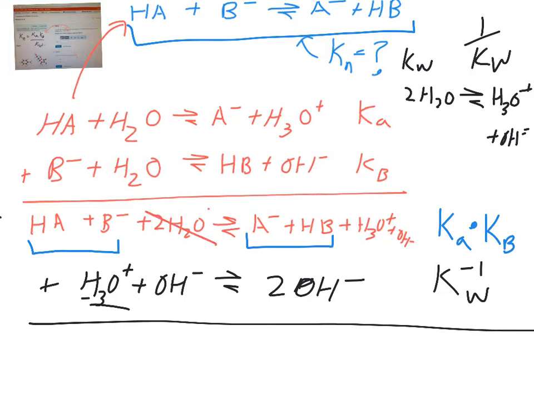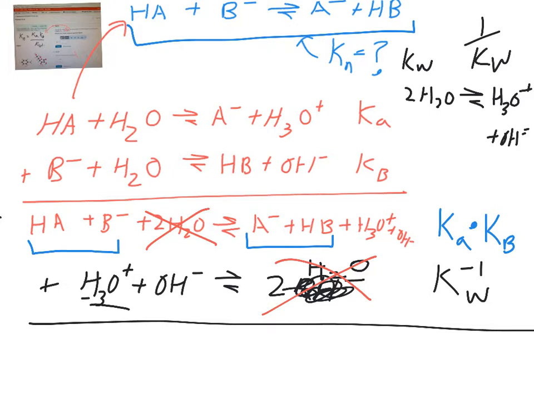Oh, 2 waters are gone. Whoops, what did I do over here? That should have been 2 waters over there. I hope that didn't mess anybody up. That allows me to cross out my 2 waters, crossing them out there and there.